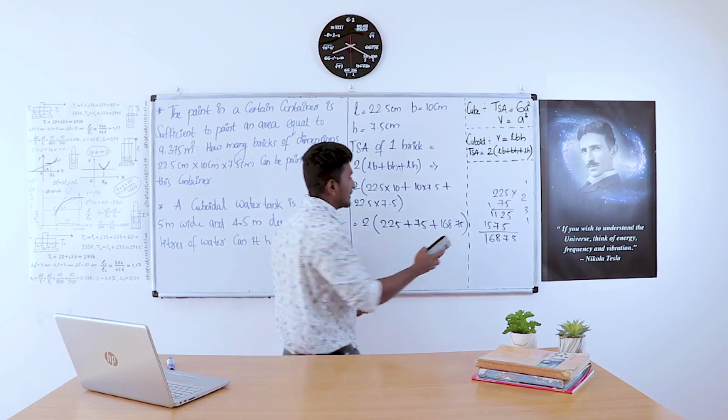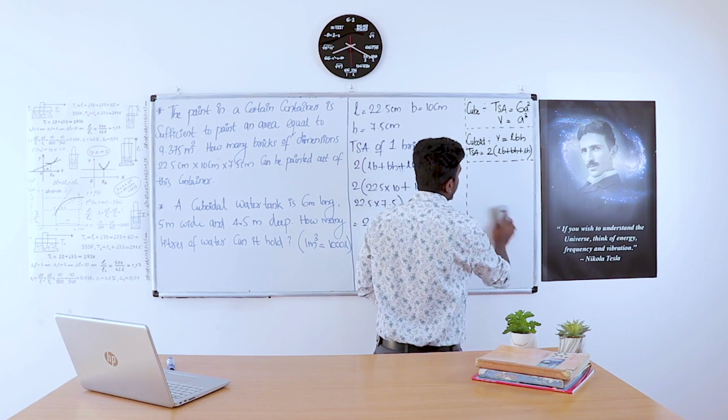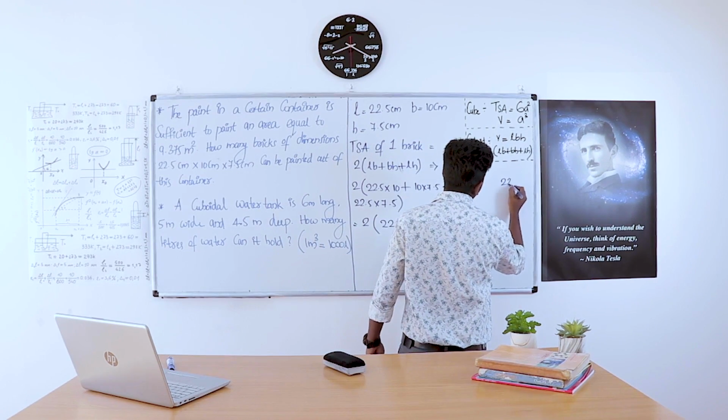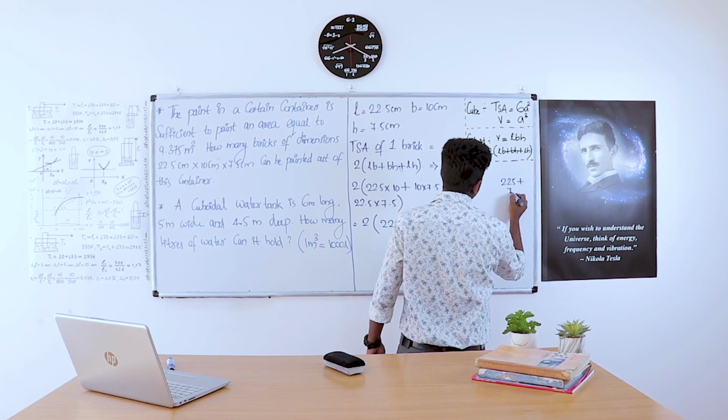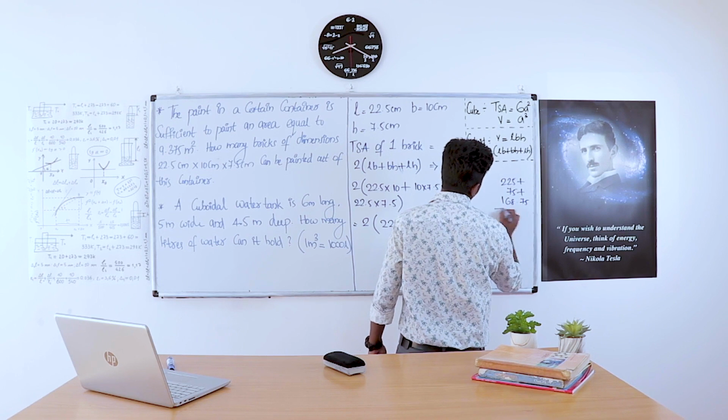Now we need to add these values. So now I am going to add these values. What we get is 225 plus 75 plus 168.75.